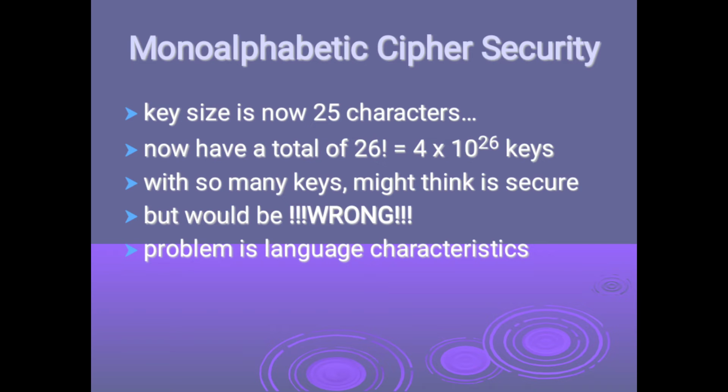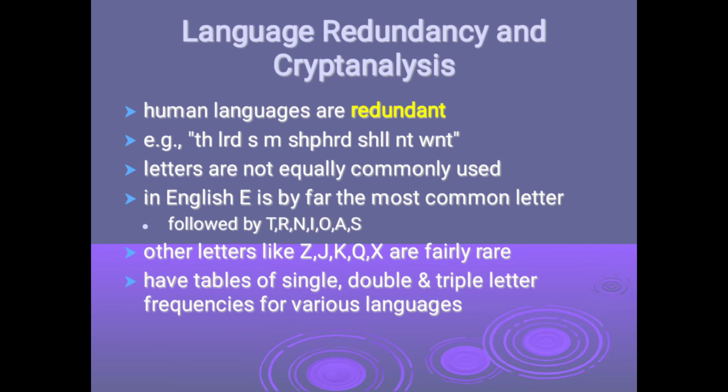The problem is language characteristics. Languages have redundancy, so cryptanalysis is easy and it is breakable. Cryptanalysis means we can find the plain text from the ciphertext very easily. Human languages are redundant.